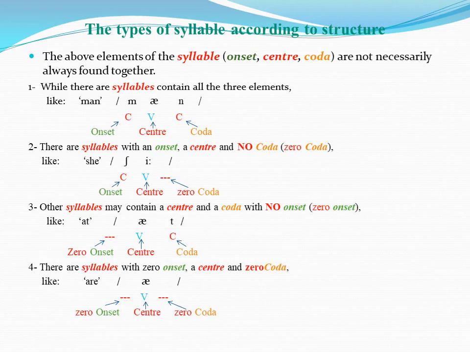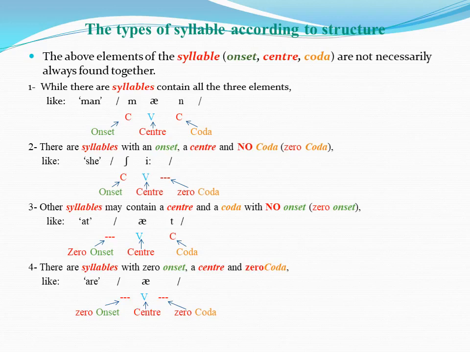A third type of syllables may consist of a center followed by a coda, but there is no onset, which means that the syllable itself starts with a vowel and ends with a consonant, but there is no consonant before the center of the syllable, as in the words at, am, of, on, and so on.